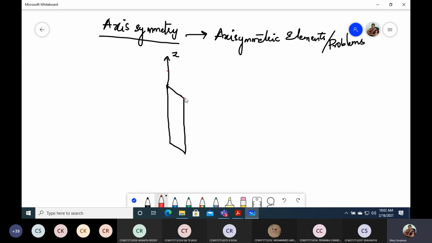When the rectangular element rotates about this centroidal axis, the resultant figure we get is the cylindrical element.